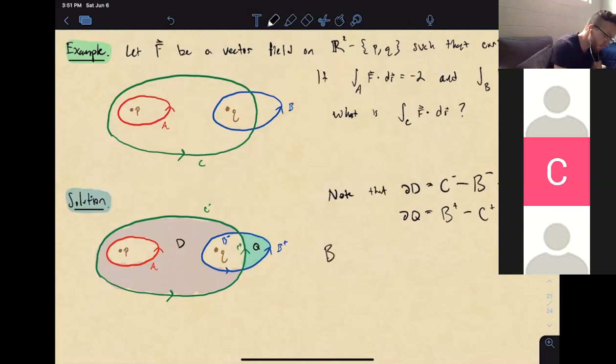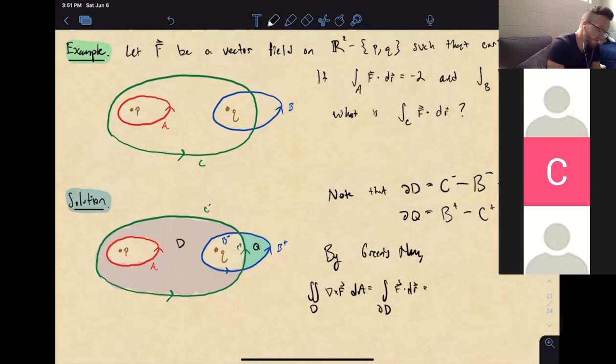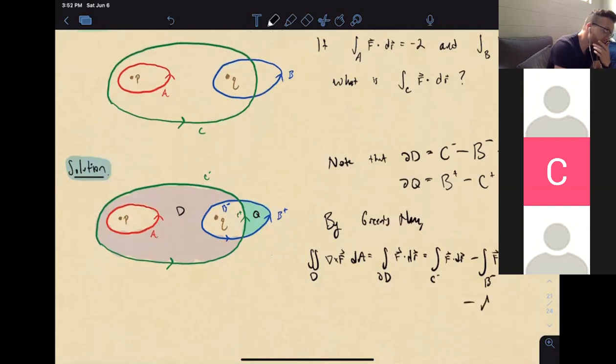So by Green's theorem, the double integral over D of the curl of F, which is 0, by the way, so that's going to be pretty easy to figure out, is the integral over the boundary of F, which is the integral over C minus, the integral over B minus, the integral over A.